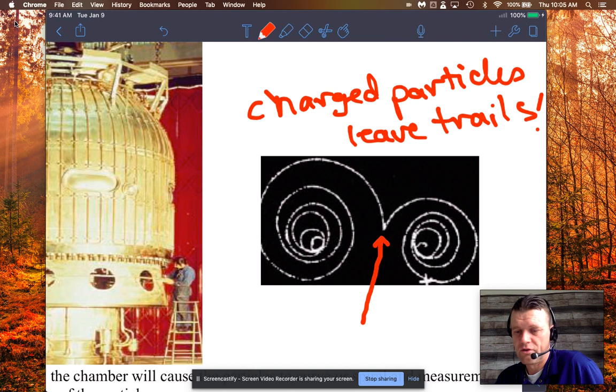So what this is showing is that a neutral particle came in and then it collided with something. It might have collided with another particle and broken up into smaller particles. And then all of a sudden there were charged particles introduced into this chamber and they started to leave tracks.